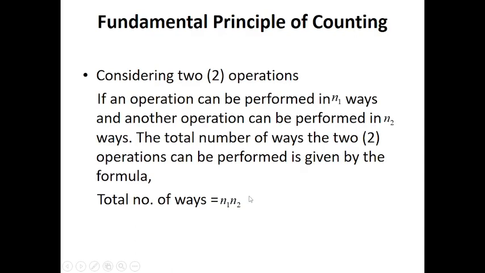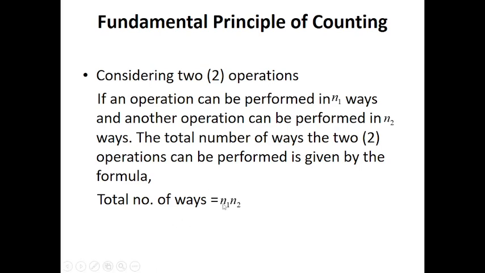We begin with the first topic, fundamental principle of counting. Considering two operations, if an operation can be performed in n sub 1 ways and another operation can be performed in n sub 2 ways, the total number of ways the two operations can be performed is given by this formula.